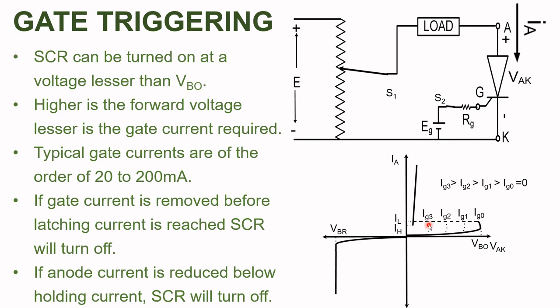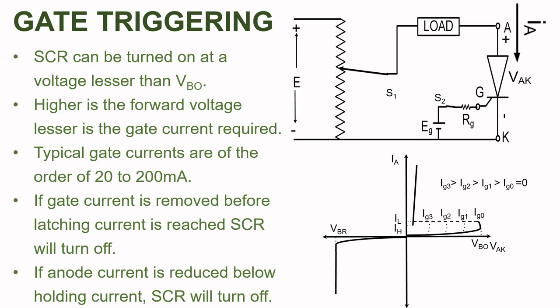Here the value of Ig3 is higher than Ig2, which is higher than Ig1. Ig0 is equal to 0 as there is no requirement of gate current when the voltage is equal to the forward breakover voltage. The typical values of gate current vary from 20 mA to 200 mA.